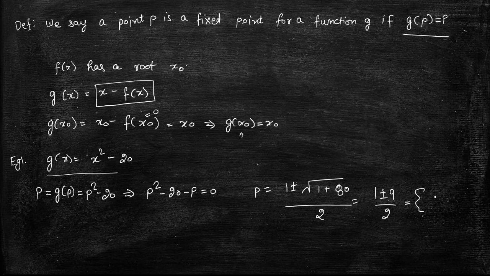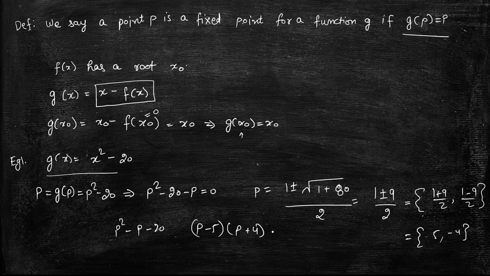Where we have two roots, 1 plus 9 upon 2 and 1 minus 9 upon 2, which is equal to 10 upon 2, which is 5, and minus 8 upon 2, which is minus 4. Therefore, p square minus p minus 20 can be written as p minus 5 and p plus 4 is equal to 0. This equation can be rewritten as this, and p is equal to 5 is a fixed point of g(p), and p is equal to minus 4 is a fixed point of g(p).